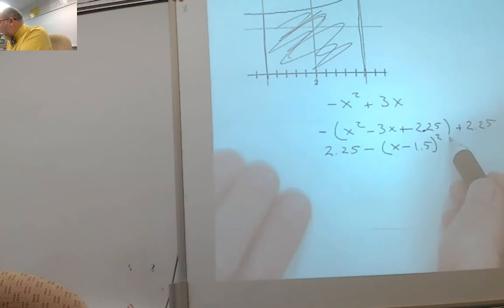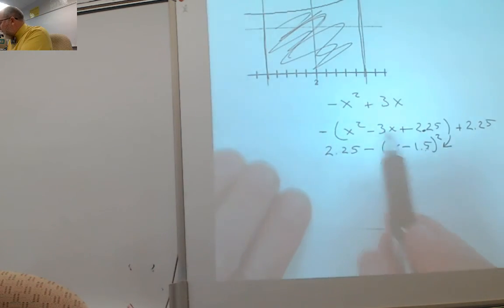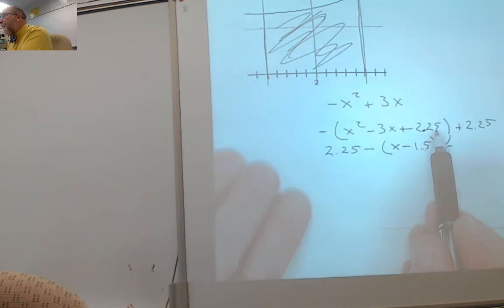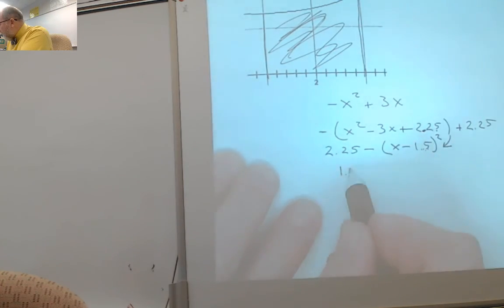Are you guys all right in that transition from here to here? This, when I double it, should be this. When I square it, should be that. This is going to be 1.5 squared minus (x minus 1.5) squared.